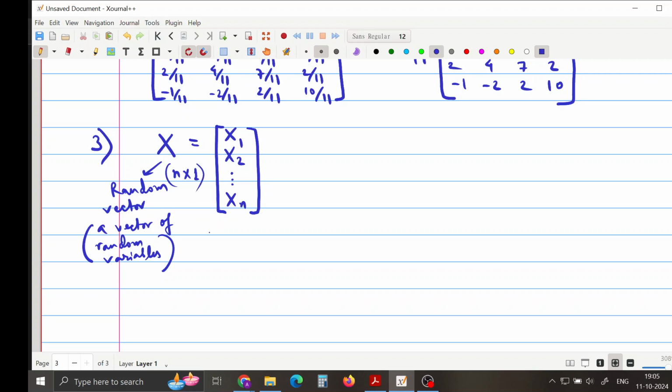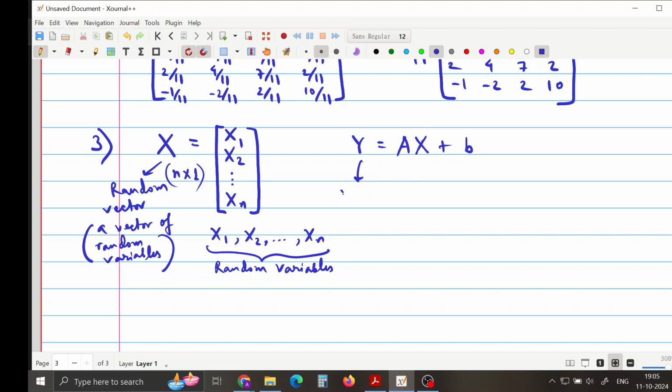These xi's are your random variables. So you have an n-dimensional random vector x, and you have this relation y equals ax plus b. This is the same random vector x.